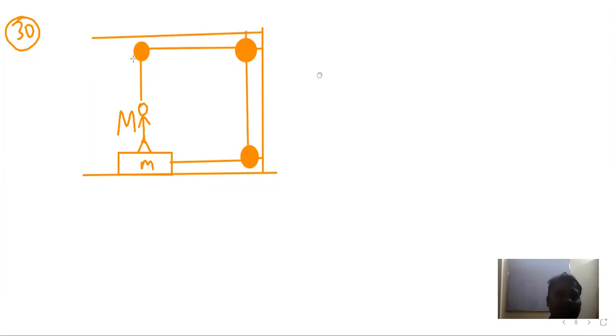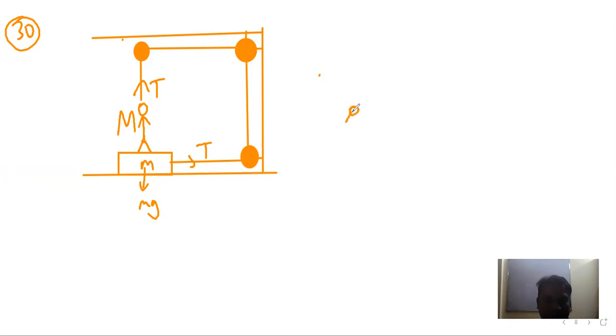So this is the diagram. Now, in this case, let us think about the forces individually. So tension force in upward direction, tension force in this direction. Then we have mass into gravity, mg force in downward direction. Normal reaction, it will act as well. So mg of the man.